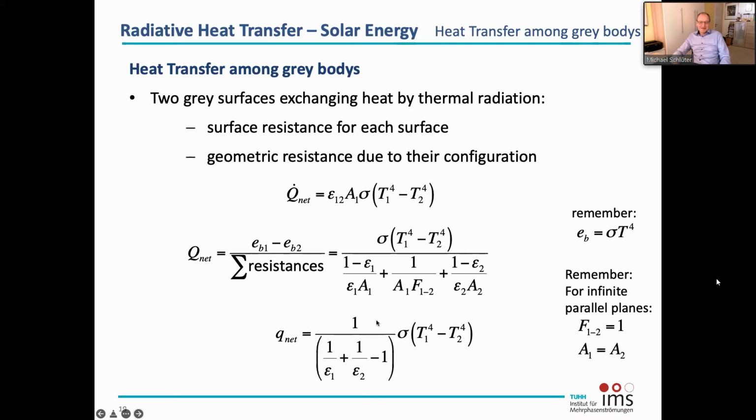In this case, the transfer factor is easy to calculate because the view factor is 1. So what is left is the arrangement of the emittances, and this is how these emittances are arranged in the case of two infinite parallel plates of gray bodies, real systems. Okay.